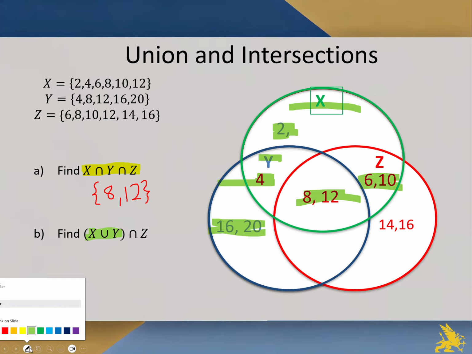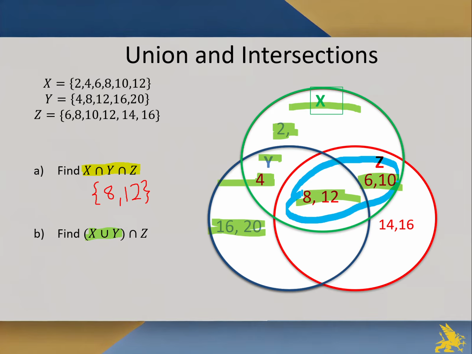Okay, then I'm going to change color just so we can compare. So let's look at blue. Now it says must intersect with Z. Out of this area, this here that I'm circling is the only area that also intersects with Z. So that means, I'll go back to the pen, we are going to have 6, 8, 10, and 12.